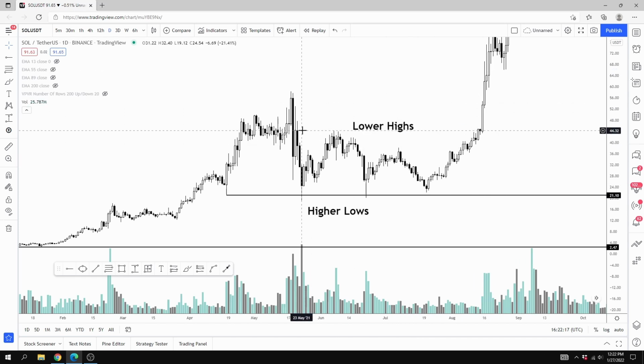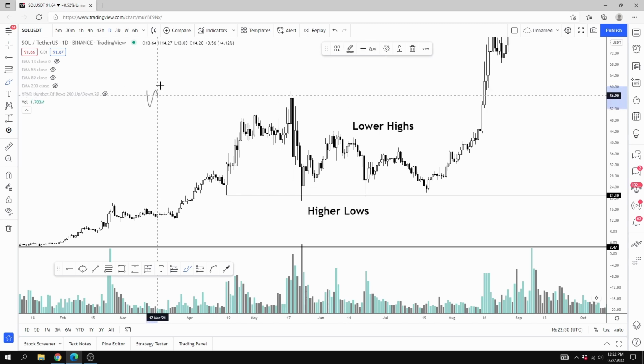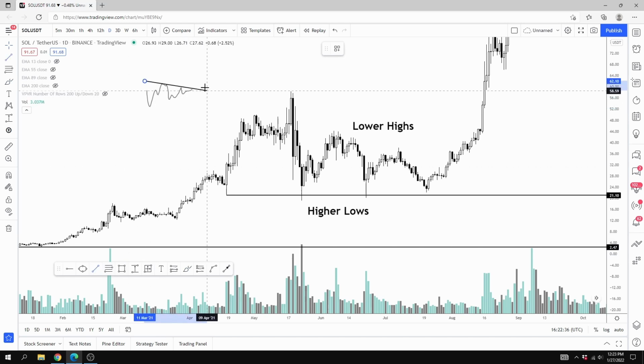But the first two steps are the same, where you see big market nukage, and then you see high volatility, followed by, for this example, lower highs and then higher lows. So generally, you'll see patterns like this.